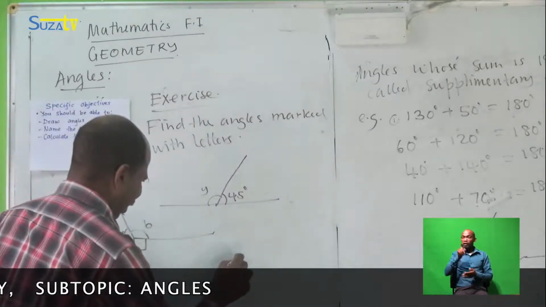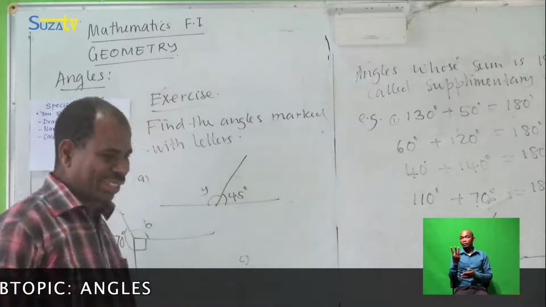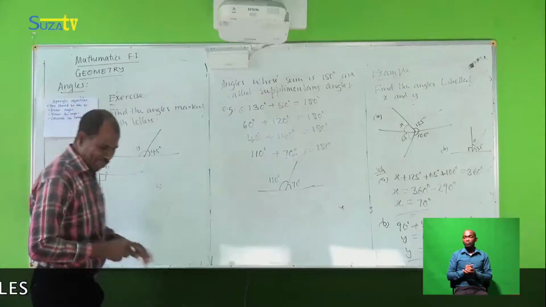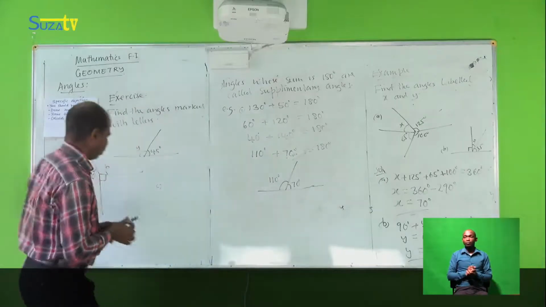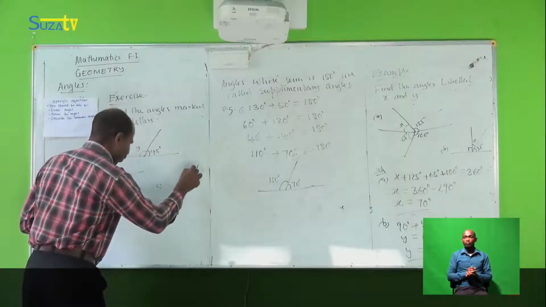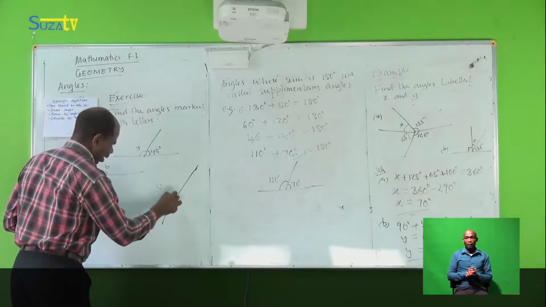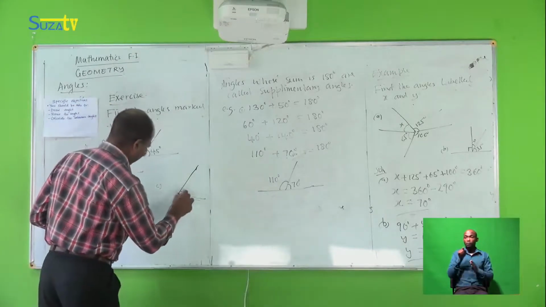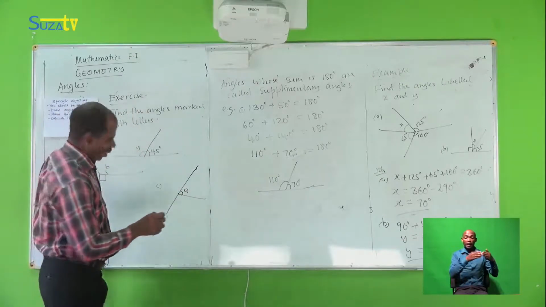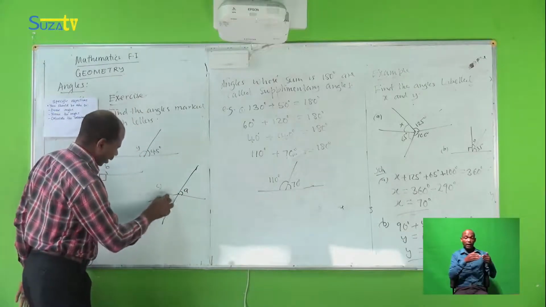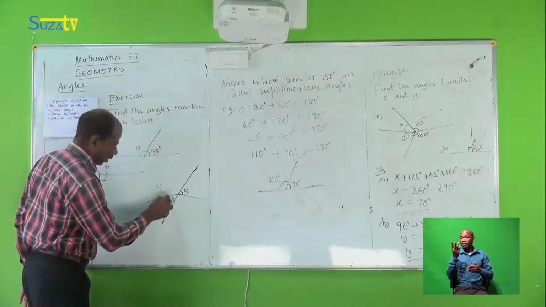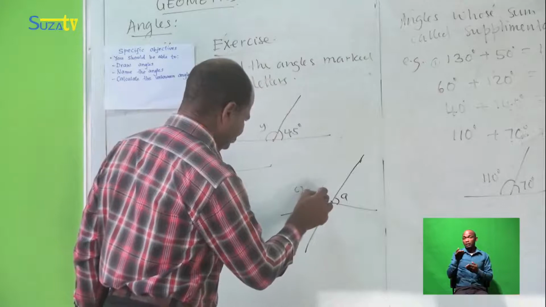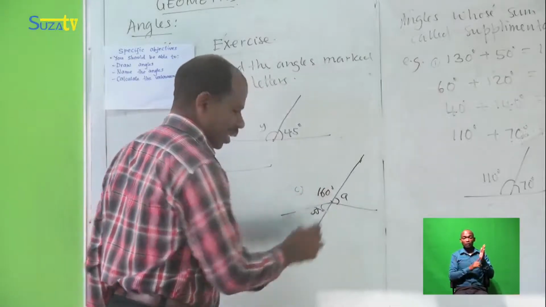And question 3, question C, we have this one. The point, and here is angle A, and this angle is 35 degrees, and this angle is 160 degrees.